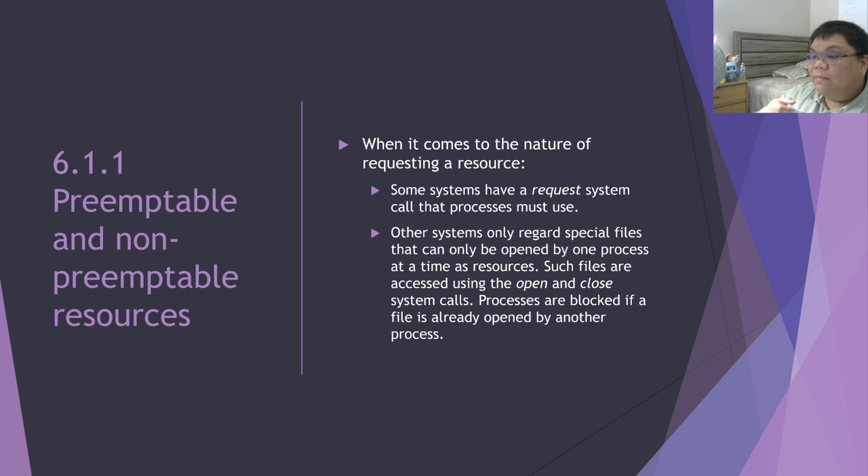In those cases, you request a resource by using the open system call, and you release a resource by using the close system call. If a process calls open on a file that's already used by another process, that process is blocked, goes to sleep, and waits for its turn to open the file.